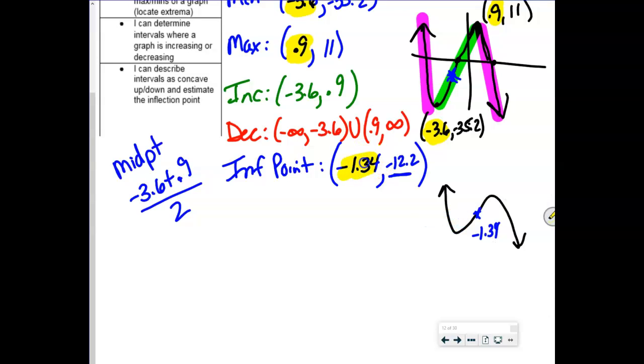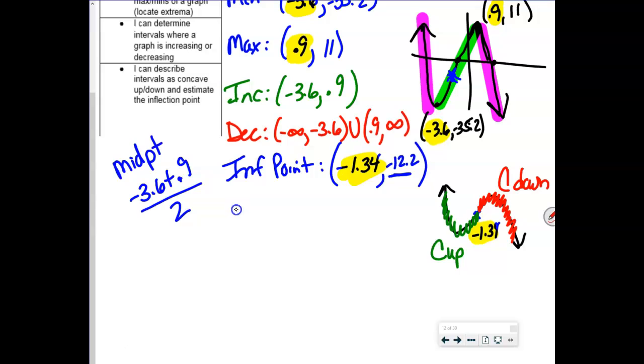So we're only using this guy. So let's talk about frowny face, happy face. This piece of the roller coaster is referred to as concave up. It is a smiley face. The next piece of the roller coaster after the inflection point is concave down.